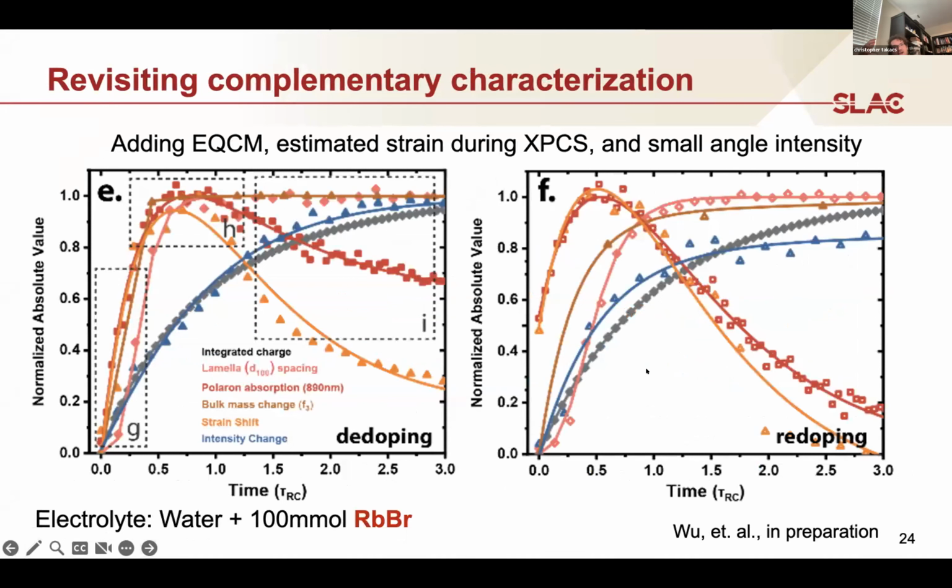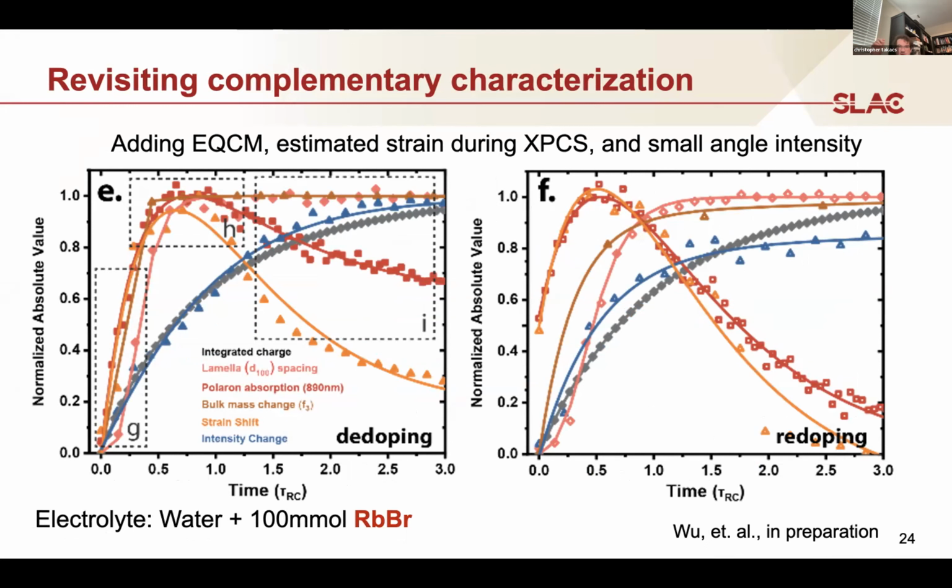But I do want to say, if we go back and take this strain data and start looking particularly at these large step materials, and start overlaying this on complementary characterization, Rayhong has also in the meantime done some really incredible work looking at EQCM to look at the mass uptake of these materials. And we can start putting all of these together on these plots.